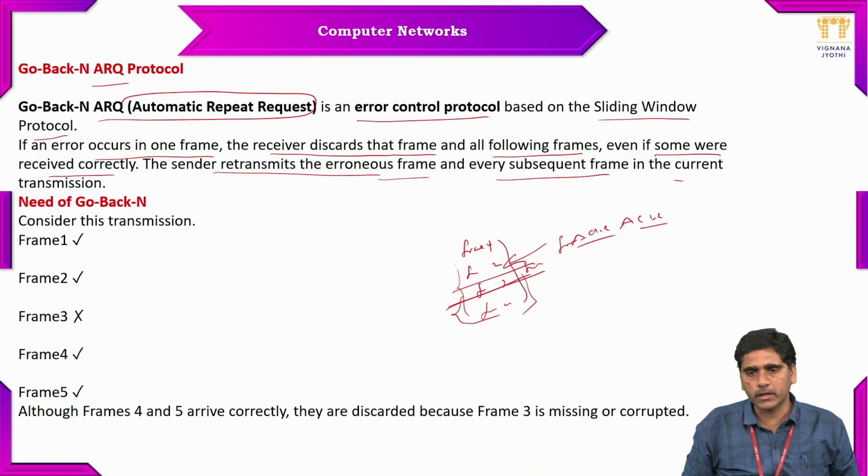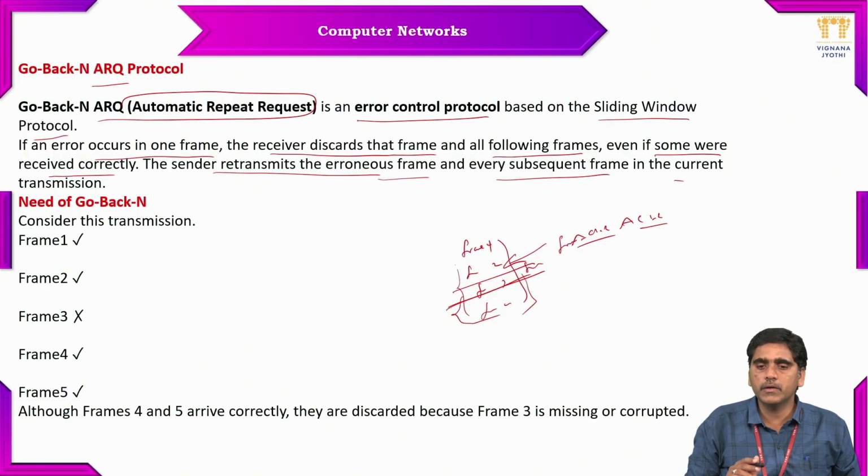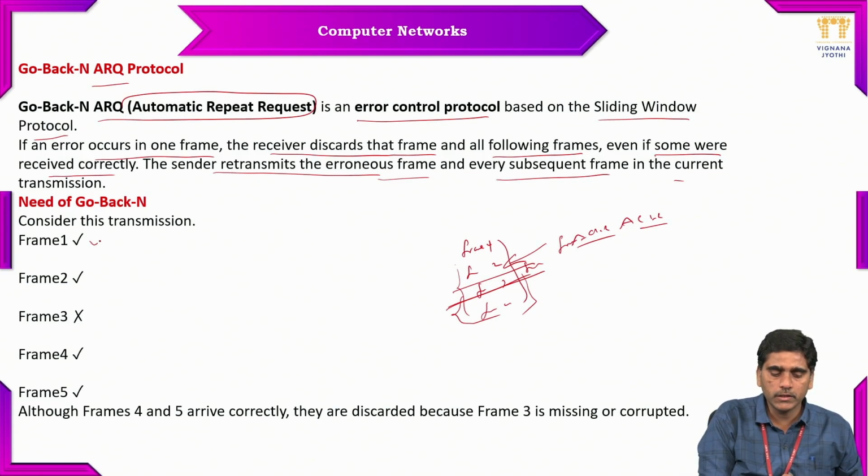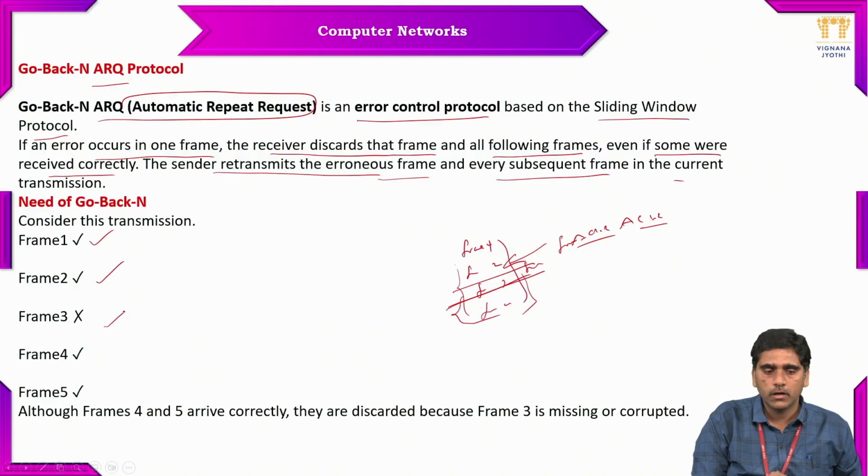So what is the need of go back? In the sliding window protocol, all frames are to be transmitted, but out of these 4 frames, if any frame has an error, then the other frames are also not able to be accepted, right? Frame 1 is forwarded, frame 2 is forwarded, but frame 3 is lost, and frame 4 and frame 5 are forwarded.